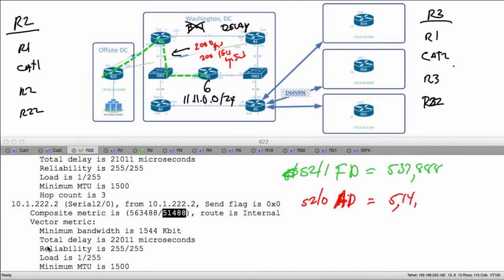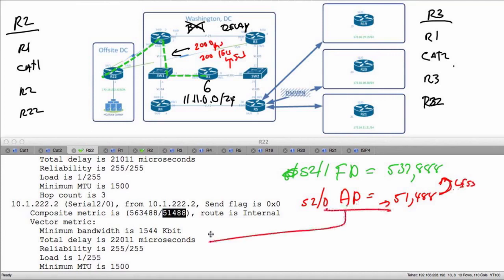Sorry about that. Go ahead and just make it all look pretty. So through serial 20, the advertised distance that we're learning is 51,488. If this value here is less than this value here, then this means that this prefix can be installed in our topology table.